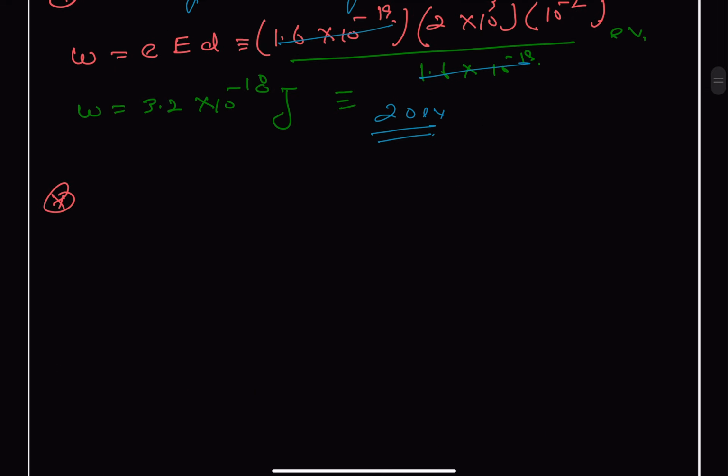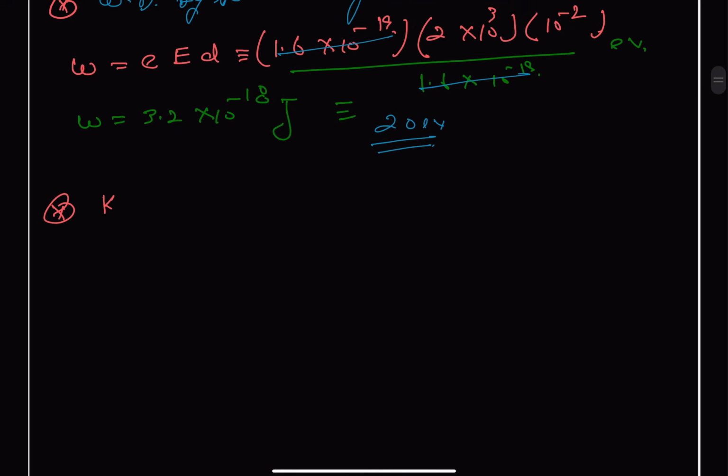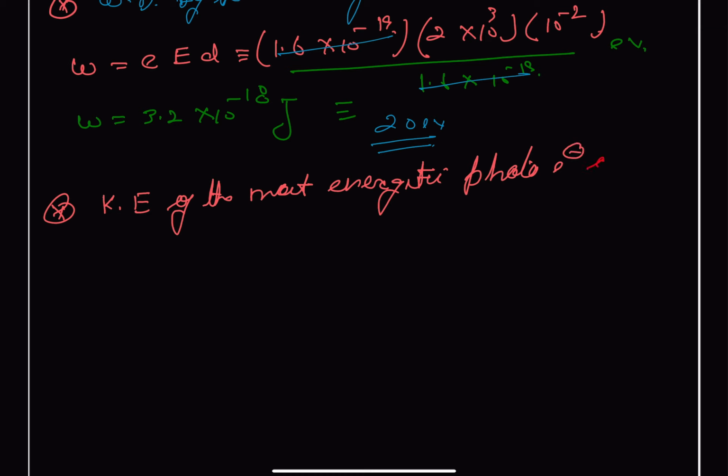Therefore we can write that the kinetic energy of the most energetic photoelectrons at plate B, let us call this Ke final, will be equal to our Ke initial plus work done.